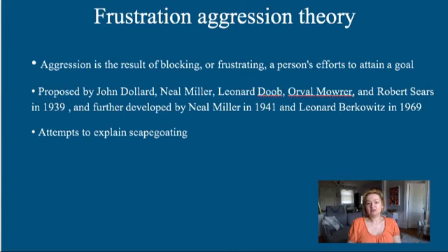Basically, the theory says that frustration causes aggression, but when the source of frustration cannot be challenged, the aggression gets displaced onto an innocent target. And that innocent target is the scapegoat.